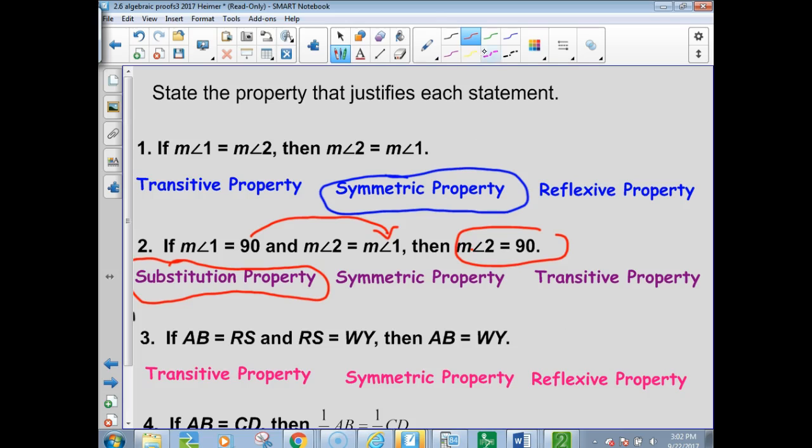The next one, I see AB equals RS, RS equals WY, so AB equals WY. The middle thing matching and dropping out, that's the transitive property.